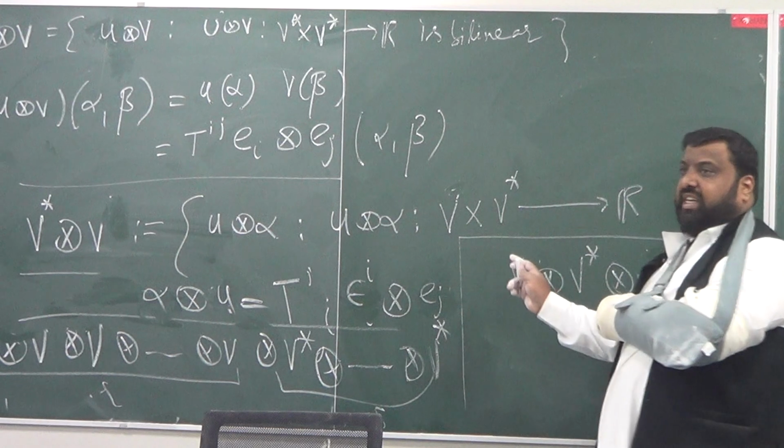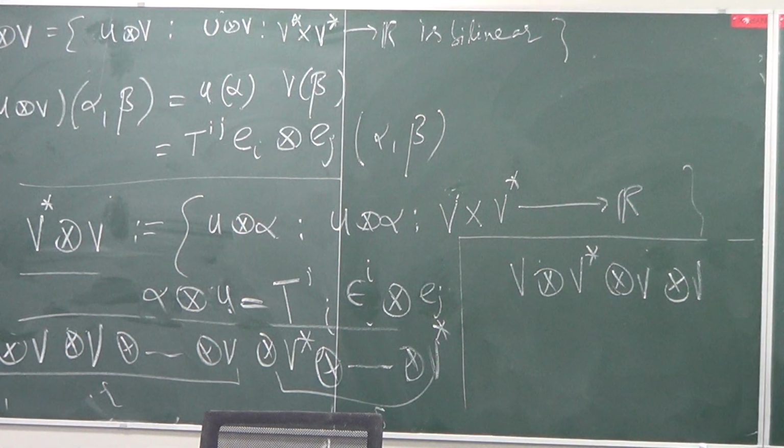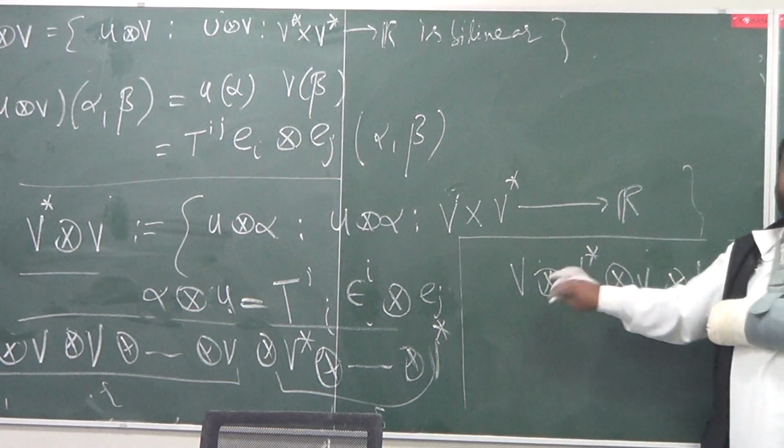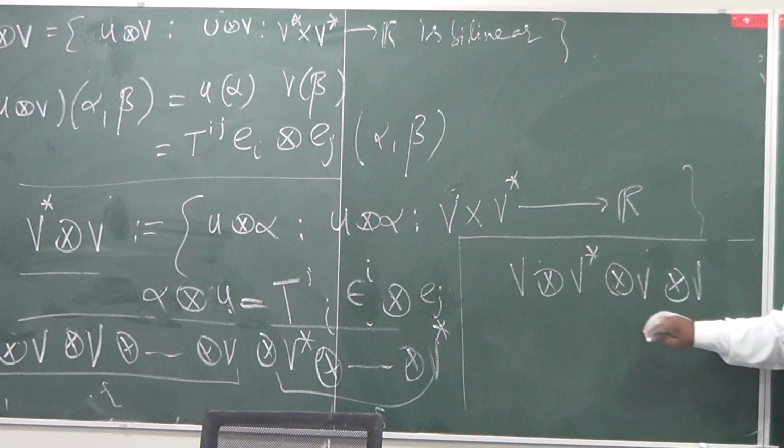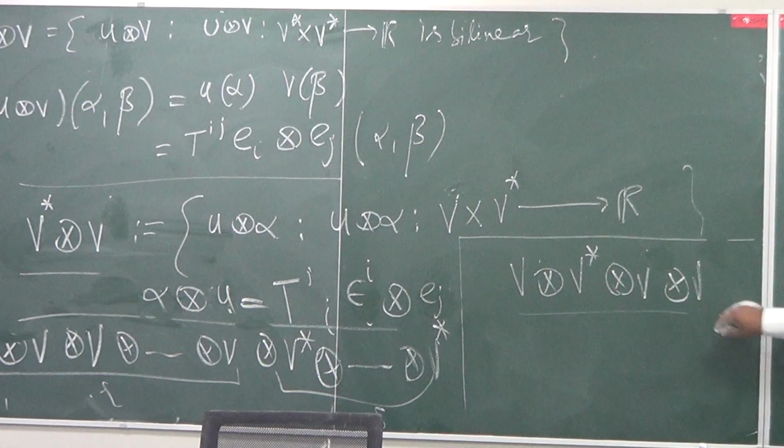Not this kind of thing that I wrote earlier. You can define it, and in defining it there isn't a trouble, but we will not call them tensors. So tensors are the maps from some copies of vector spaces and some copies of a dual into R.